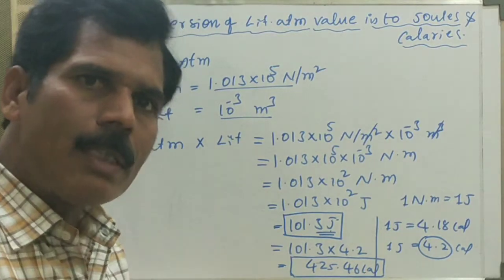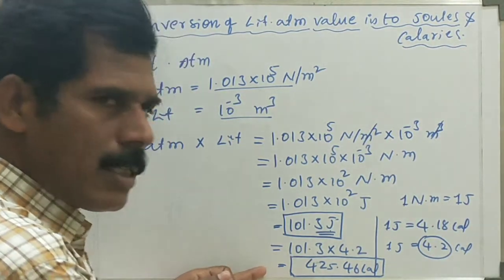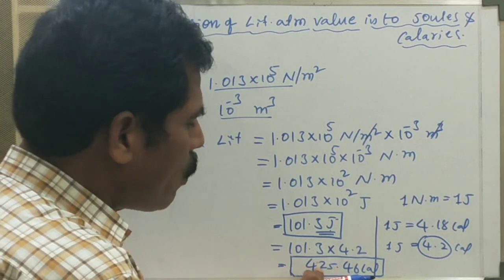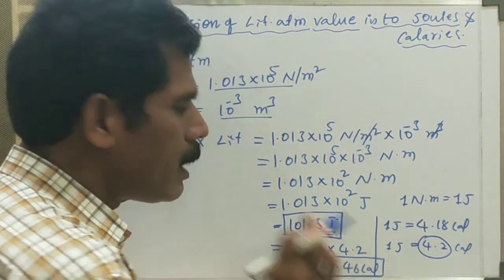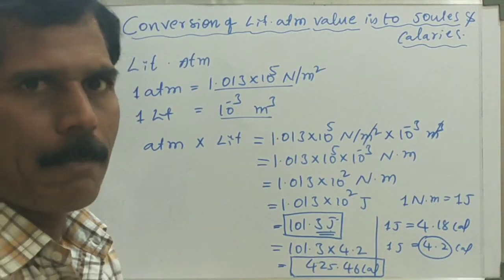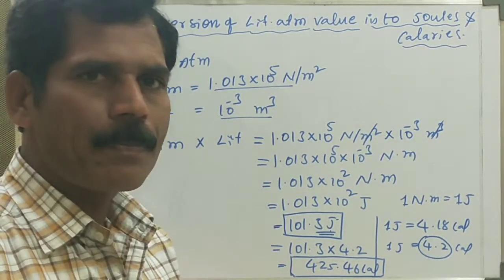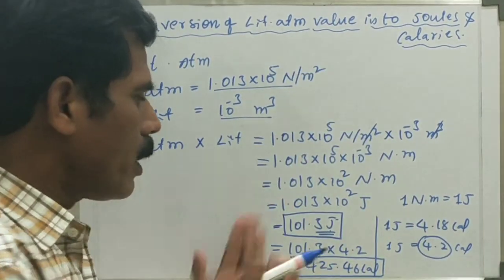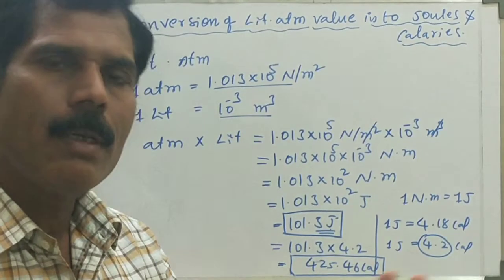If you want to convert the W value into calories, that value is multiplied with 425.46 calories. Now we are going to see some examples of how to convert W value into joules and into calories.